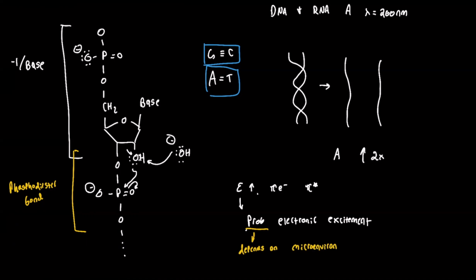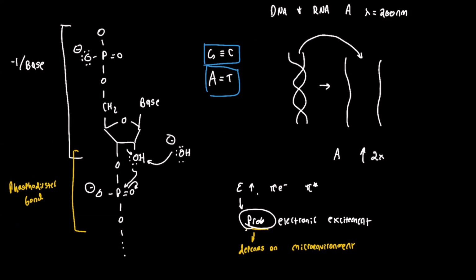Now, believe it or not, water surrounding these nucleic bases actually increases the probability of electronic excitement. So when we denature our DNA or our RNA and turn it into two strands, then each base is going to start to become surrounded by a water molecule. And if each base is surrounded by a water molecule, then each probability is going to go up.